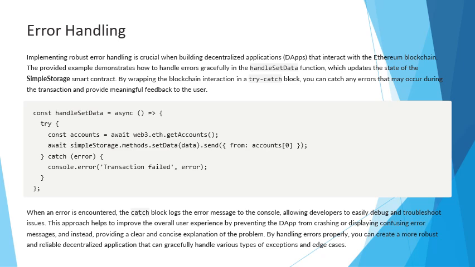When an error is encountered, the catch block logs the error message to the console, allowing developers to easily debug and troubleshoot their issues. This approach improves the overall user experience by preventing the DApp from crashing or displaying confusing error messages, and instead provides a clear and concise explanation of the problem.